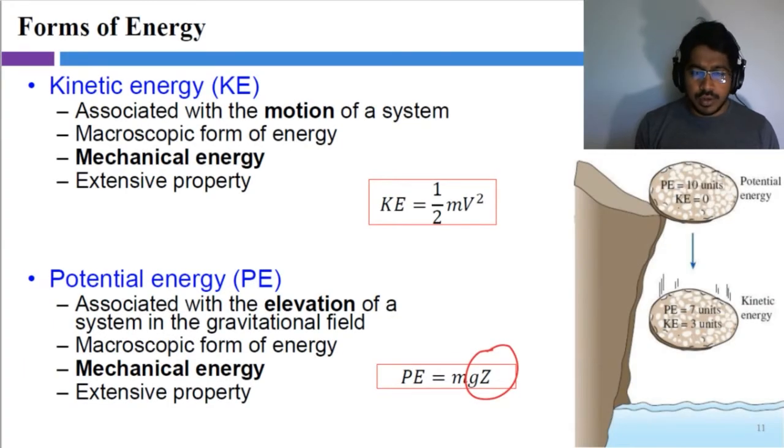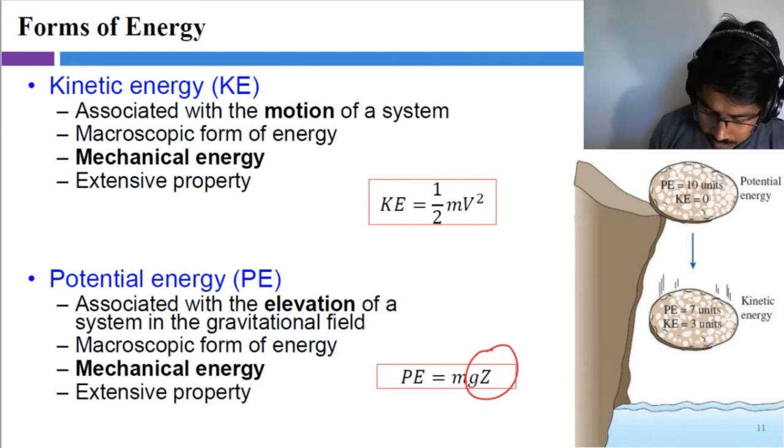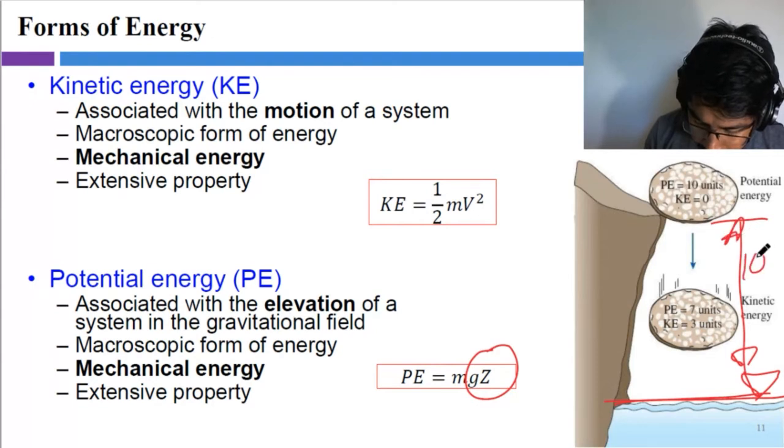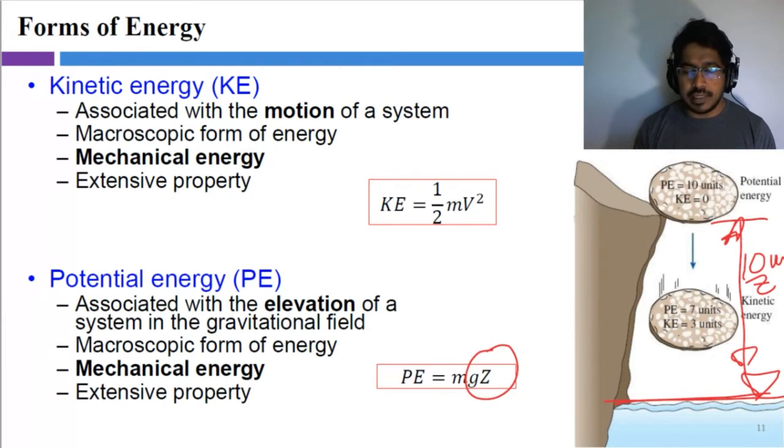Okay, so to find the reference, let's say in my example I said 10 meters, right? I pick my reference to be the water surface, and then this is my Z, 10 meters. I agreed that I consider the water surface to be the zero potential level, right?